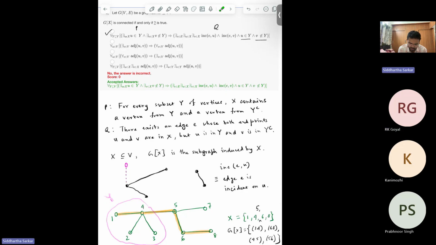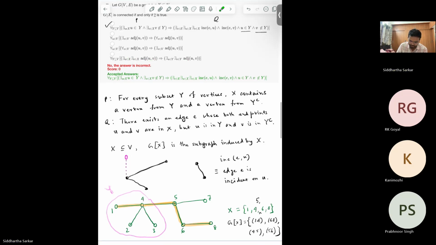Yes, yes, so this can also be ruled out. So for all subsets, they are saying that whenever there exists an edge u comma v which is in x, this implies that there exists a u comma v which is in y. So I mean, you can take a y.